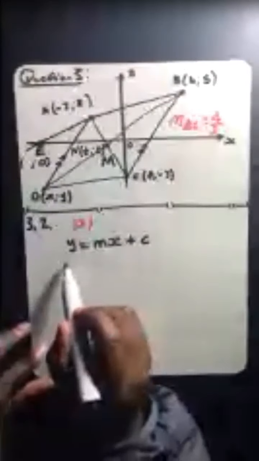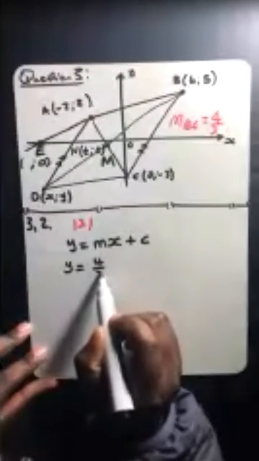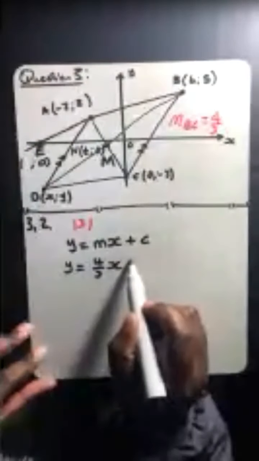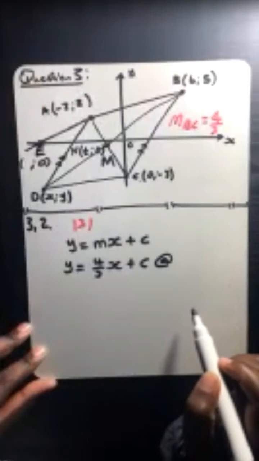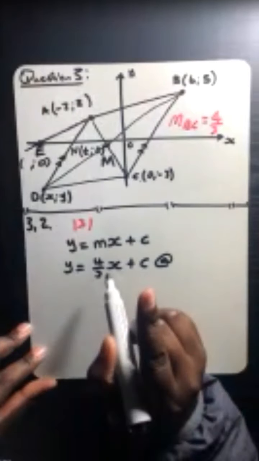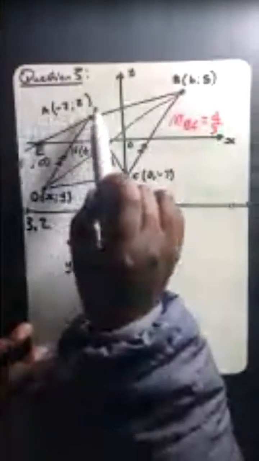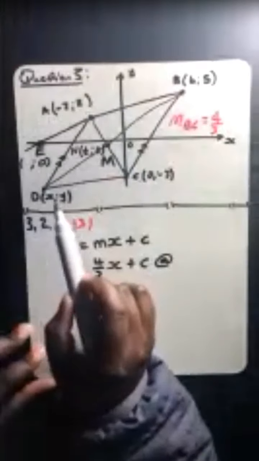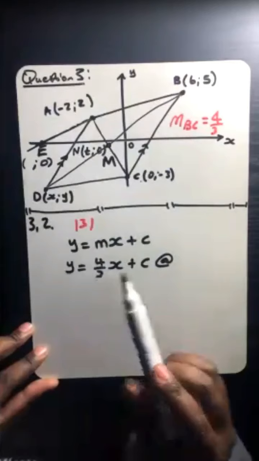So that means you have y equals 4 over 3 x plus c. Then you can use 1 point along that line, and you can use point A. You can't use D because you don't have the coordinates over there.